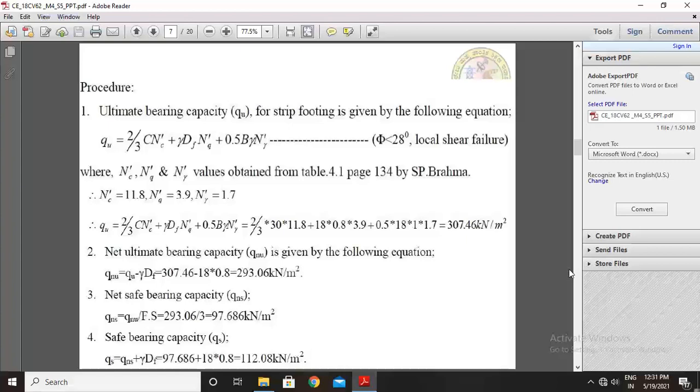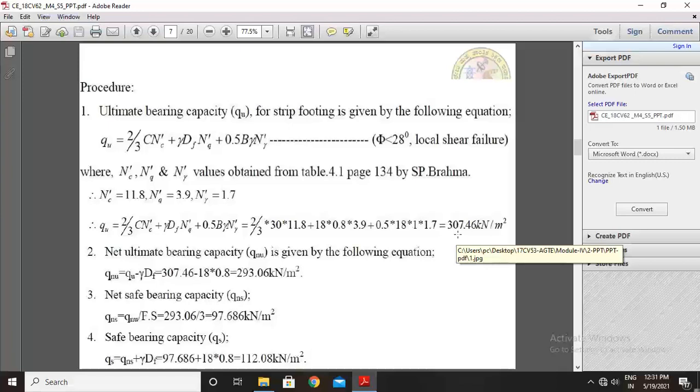Q equal to 2/3 of C, 30, into NC dash 11.8, plus gamma 18 into DF 0.8 into NQ dash 3.9, plus 0.5 times gamma 18, B is 1 meter, into N gamma dash 1.7. So the answer is 307.46 kilonewton per meter square.